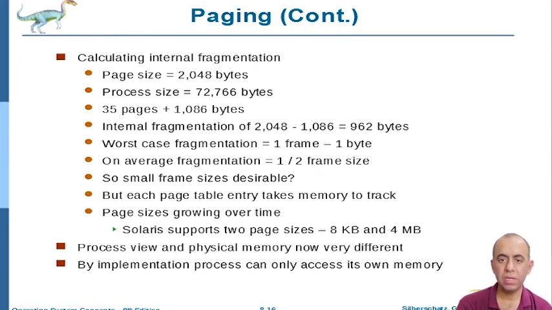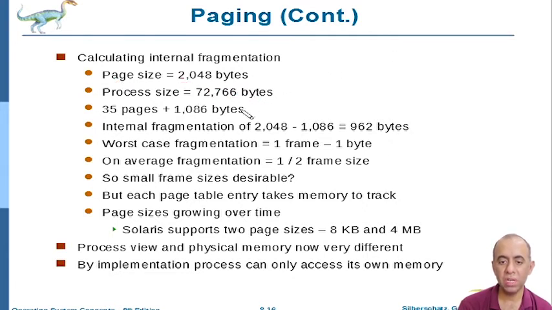You can also calculate the internal fragmentation. For example, suppose you are given a scheme in which the page size, or the frame size, which are the same in all cases, is 2048 bytes. The process size, the program size, is 72,766 bytes. You are interested in knowing how many frames will be occupied by this process, each frame having the size 2048.